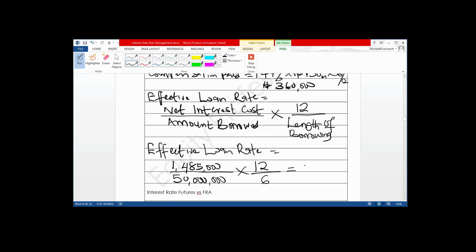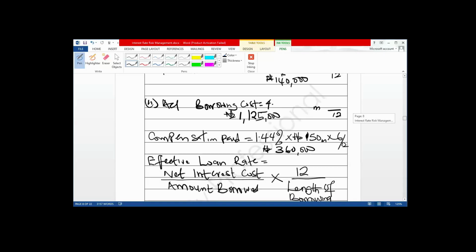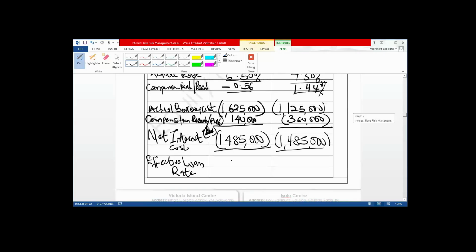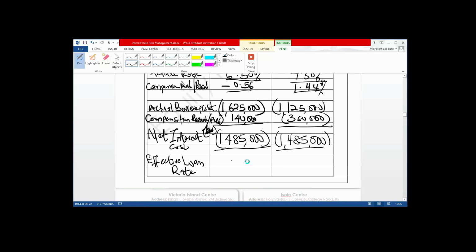You are going to get 5.94%. The answer you get multiplied by 100, convert it to percentage. Effective loan rates. If you look at it, that goes back to the FRA rate. That FRA rate is binding.